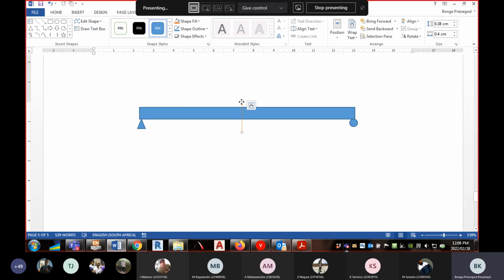We cut a section through here, any point. Here's the point, that's where we cut into section.